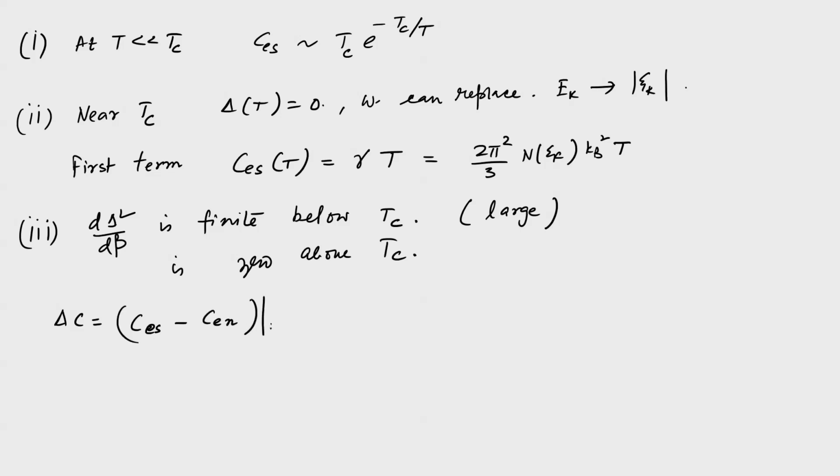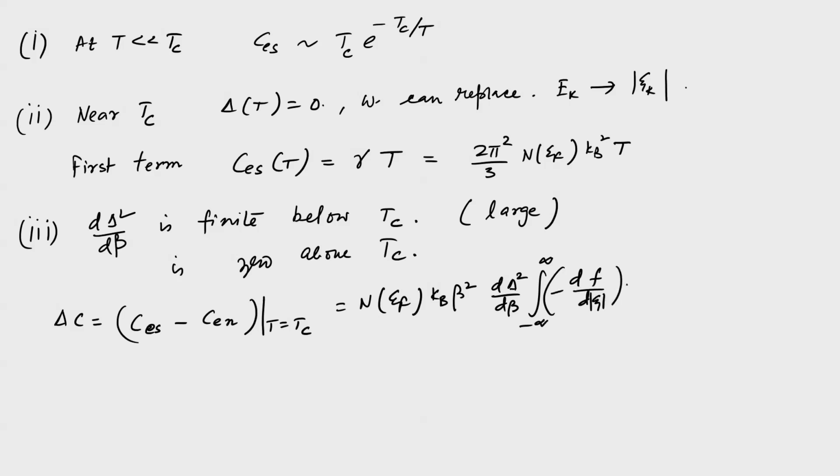at T equal to Tc, is equal to N epsilon F k B beta square d delta square d beta, and the integral from minus infinity to plus infinity d f d xi, this xi has to be in mod.